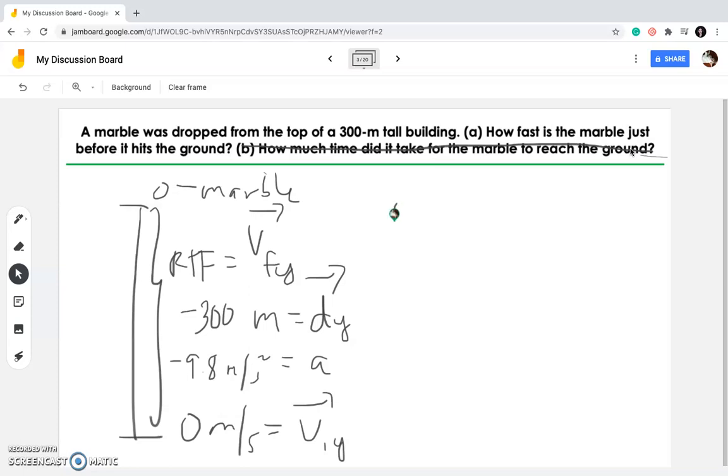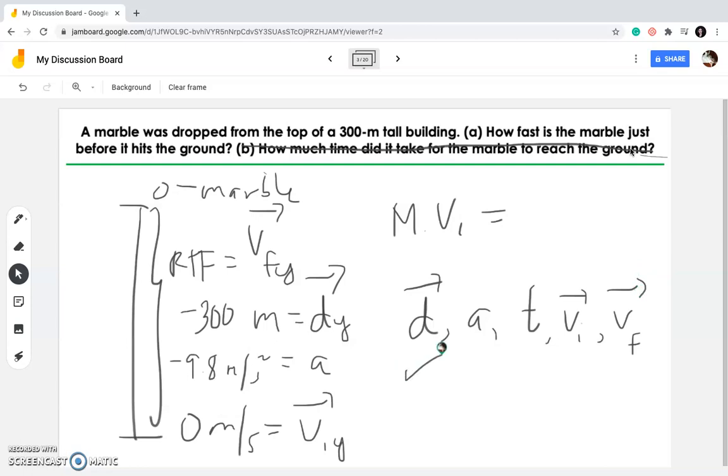The next question is, what is the missing variable? So once again, these are the variables that we have in kinematics: displacement, acceleration, time, initial velocity, and final velocity. Now we have seen that D is given, A is given, initial velocity is given, and the RTF is final velocity.